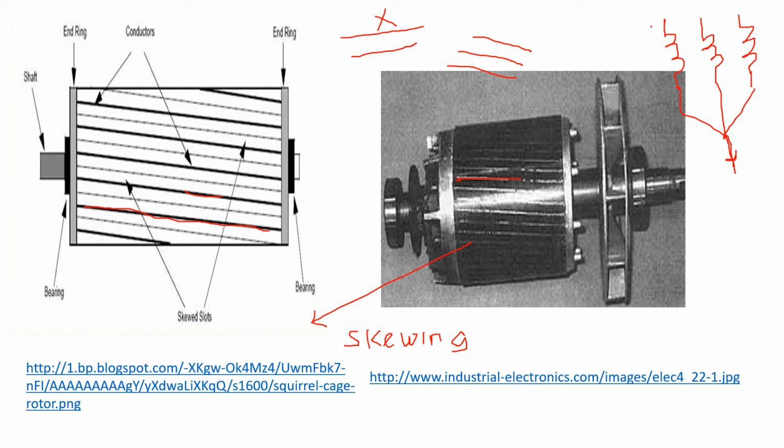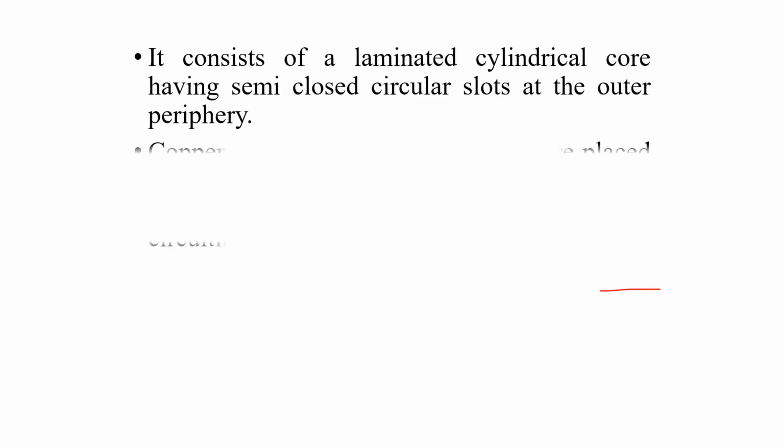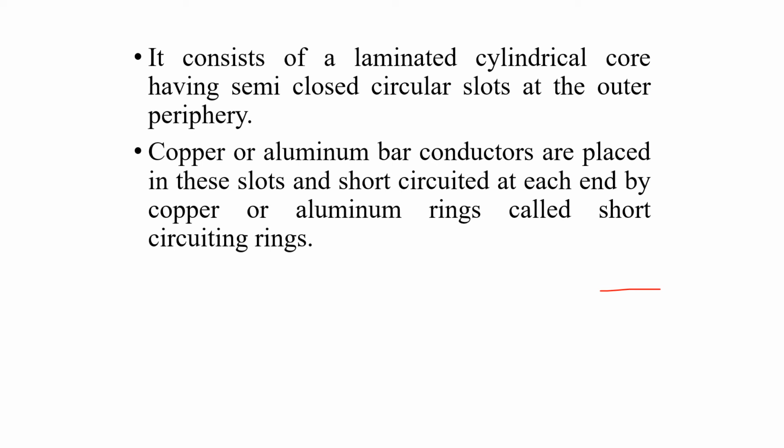Why sir these slots are made like this? Because in the case of three-phase squirrel cage induction rotor, all the three phases of the rotor conductors are short circuited at the end by a copper or aluminum ring and made as a single wire.